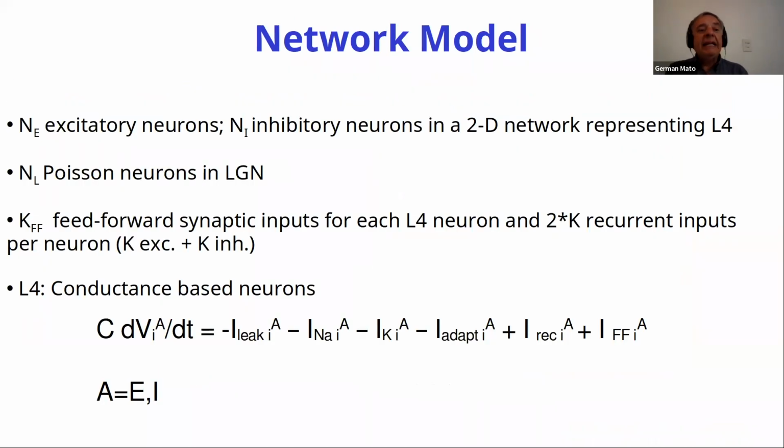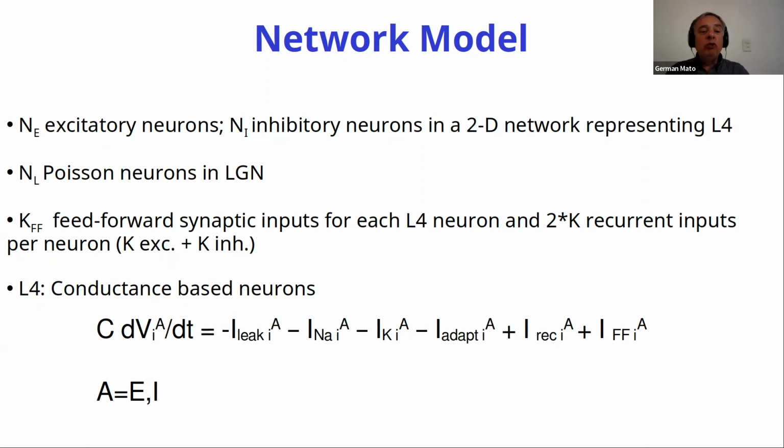So the network is integrated by NE excitatory neurons and NI inhibitory neurons in a 2D network representing L4. In V1, we have NL Poisson neurons in LGN. We have K_FF feed-forward synaptic inputs for each L4 neuron, and 2K recurrent inputs, K excitatory and K inhibitory.